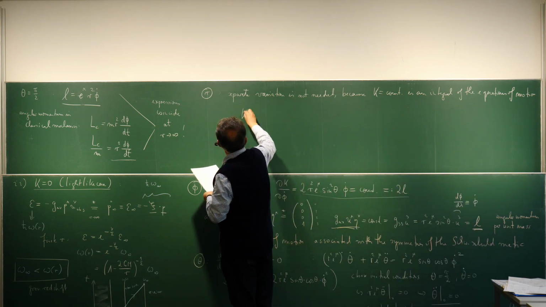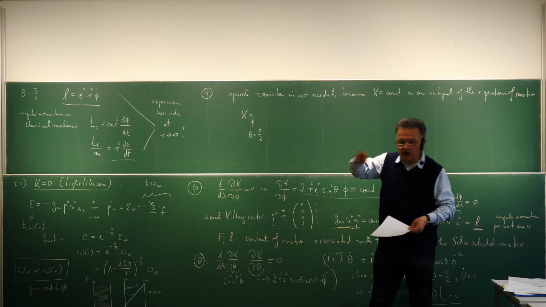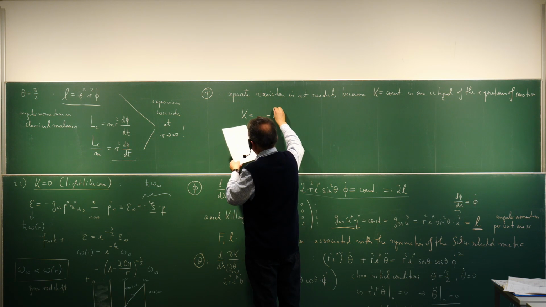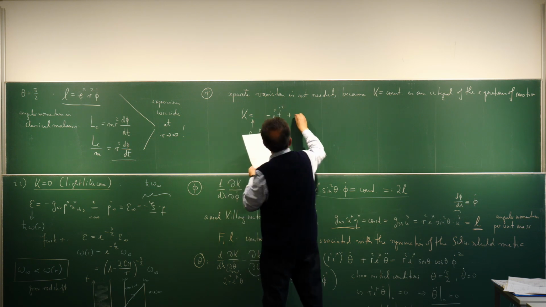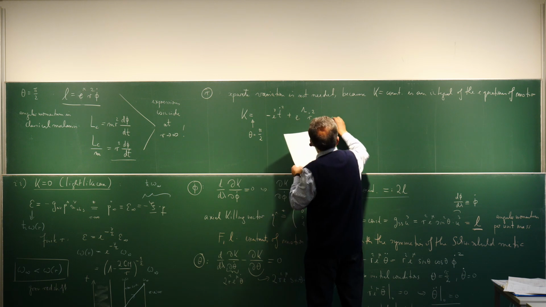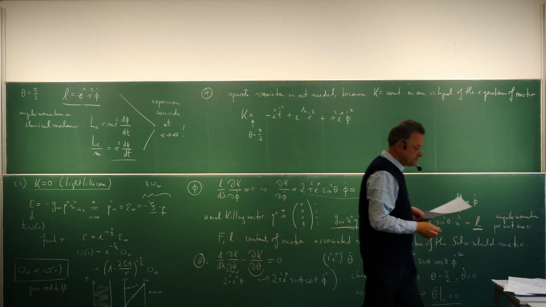So k, recall, has the following form, and we restrict now to theta equals pi over 2, because the orbit is restricted to there. And so this is minus e to the nu t dot squared plus e to the lambda r dot squared plus r squared e to the mu phi dot squared.